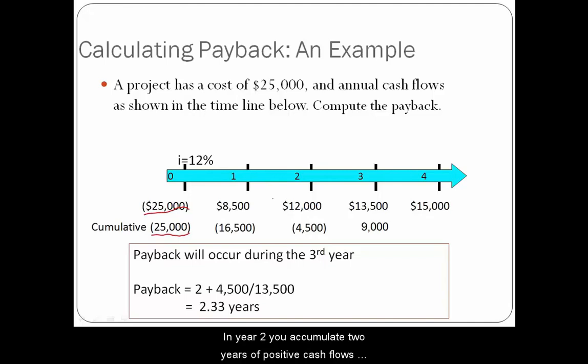In year 2, you accumulate 2 years of positive cash flows and add it to the negative initial investment, and you realize the accumulative cash flow is negative 4,500, which means still not enough. So you move on to year 3. So finally, by year 3, you add up all 3 years of positive cash flows compared to the 25,000, and you see now you have a positive 9,000.